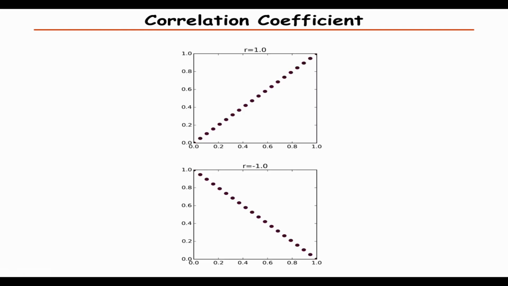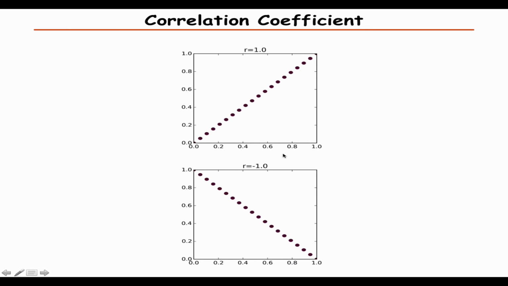So now this, of course, is a perfect linear relationship, either a positive relationship or a negative relationship. In this case, the correlation coefficient is 1, and in this case it's -1.